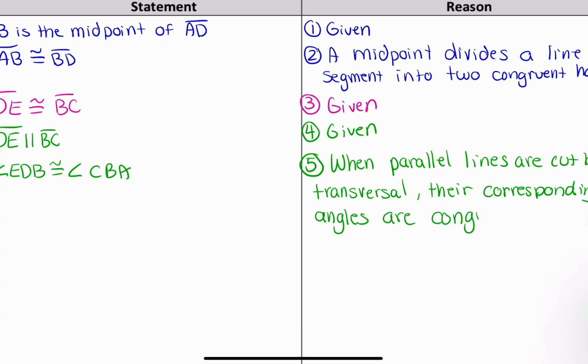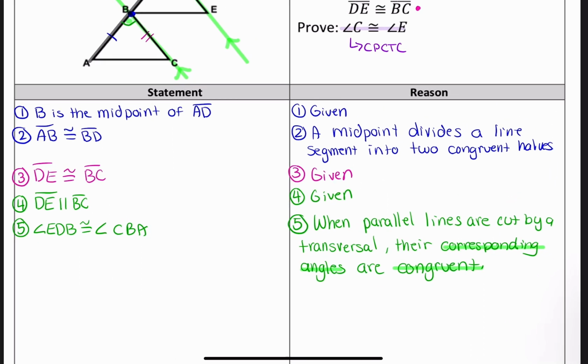So again, it's the same kind of scaffold reason as last time. It's just instead of alternate interior angles, we're using corresponding, and they're congruent again because that's their relationship. So now I have enough.